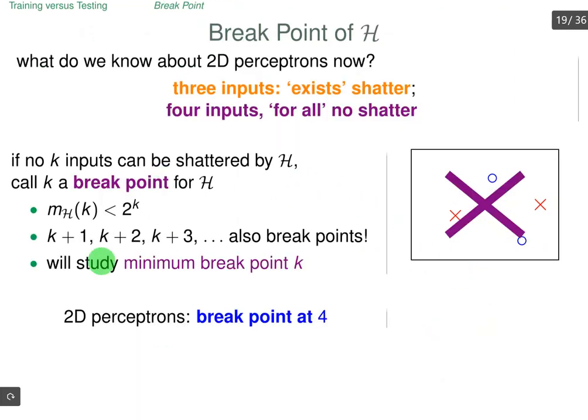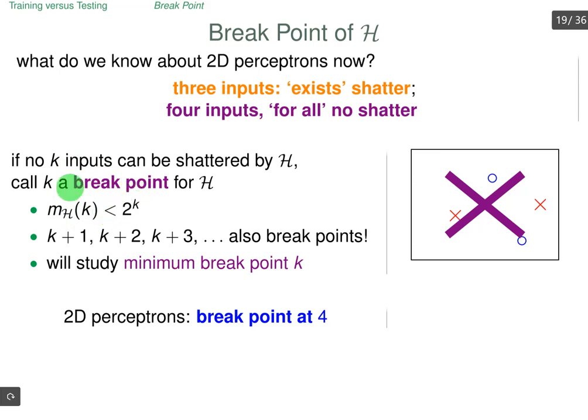So if no k inputs can be shattered by H, and in our example we talked about perceptrons, but they can be any different class of functions, linear, nonlinear, or different, we call k a breakpoint for this class of hypotheses. So the growth function is upper bounded by 2 to the k.